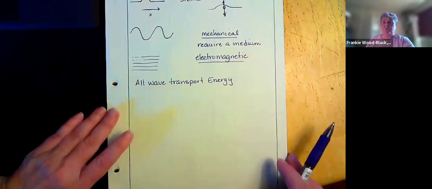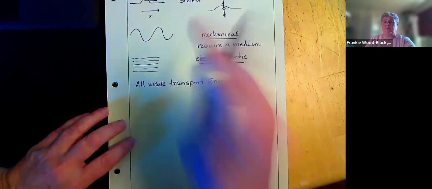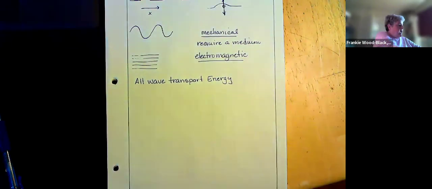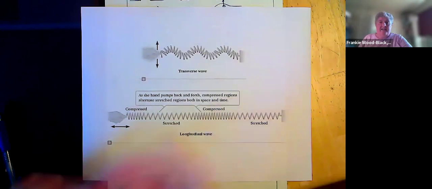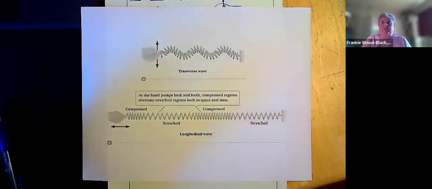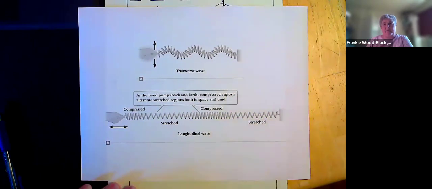There are also two types of waves, and it doesn't matter whether they're electromagnetic or mechanical. I've got a picture of those waves. A slinky is absolutely the best way to describe them, because I can get both types of waves with the slinky.